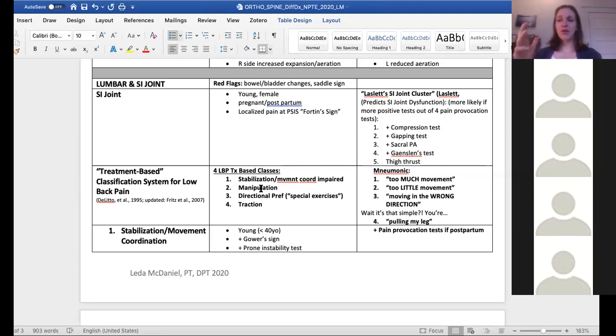Similarly, if you have an individual who is young, female, postpartum or peripartum, so around the time of pregnancy, we know that that timing changes hormone profiles and will increase the amount of relaxin in the body. And because of that, ligaments become more lax, and specifically the SI joint has increased mobility, and that can sometimes cause pain and dysfunction at that area.